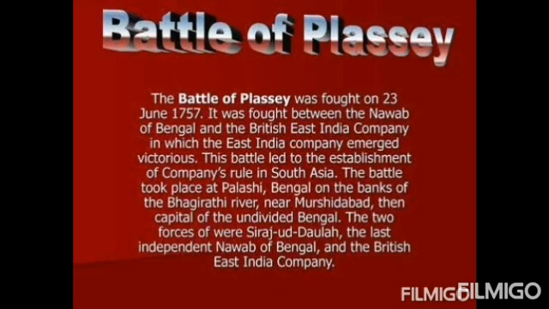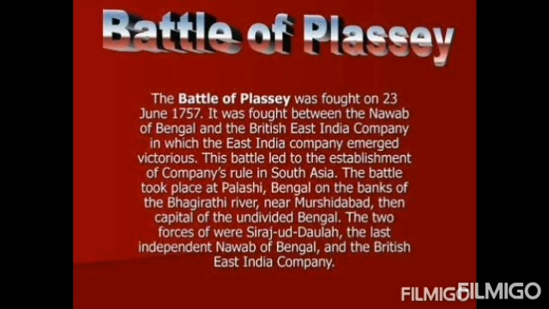The next topic is the Battle of Plassey. The Battle of Plassey was fought on 23rd June 1757. It was fought between the Nawab of Bengal and the British East India Company, in which the East India Company emerged victorious.